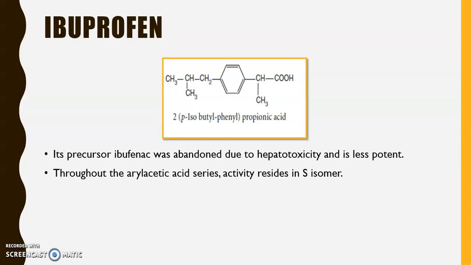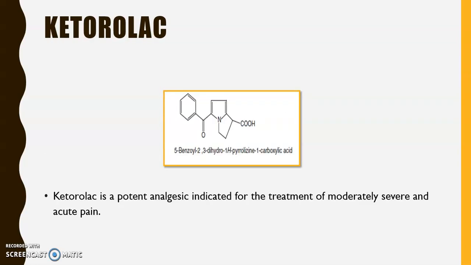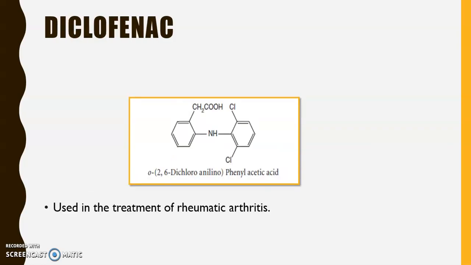This S isomer is active as compared to R. Ketorolac, it is a potent analgesic which is used for treatment of moderately severe and acute pain. Diclofenac, it is used in treatment of rheumatoid arthritis. It is a phenyl acetic acid derivative.